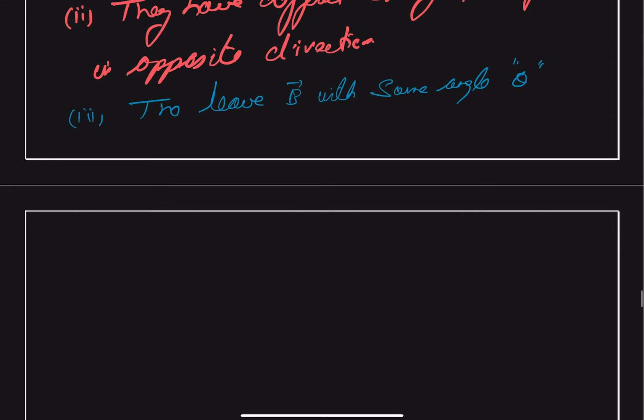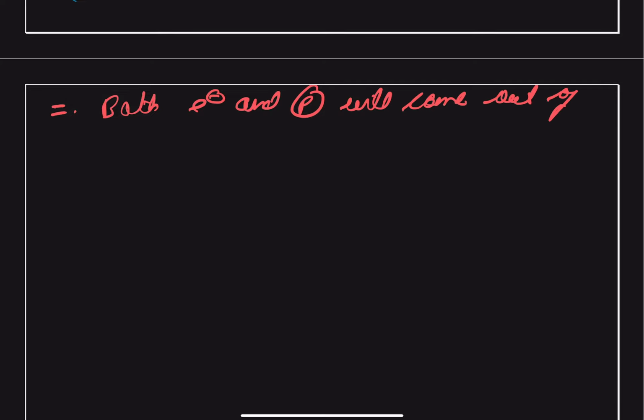Thus, from here we can draw one important conclusion, that both electron and proton will come out of the magnetic field along parallel paths, because it is clear from the figure also.